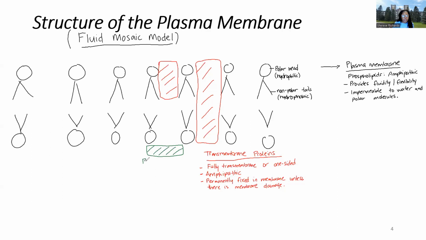So a peripheral protein, as the name implies, is going to be on the outer face of the cell membrane, excuse me. So it's always going to be on the cytosolic side.